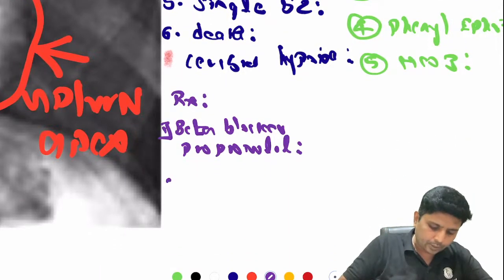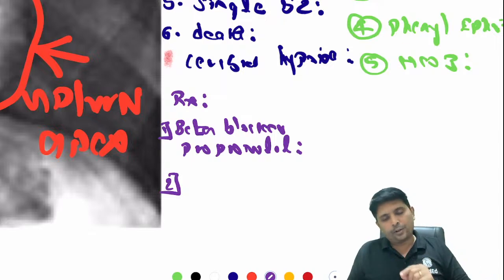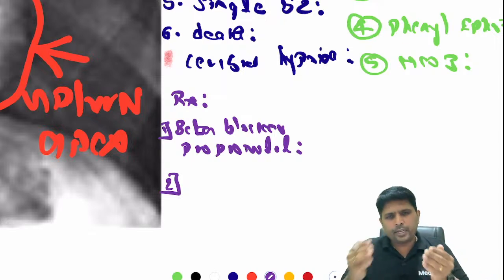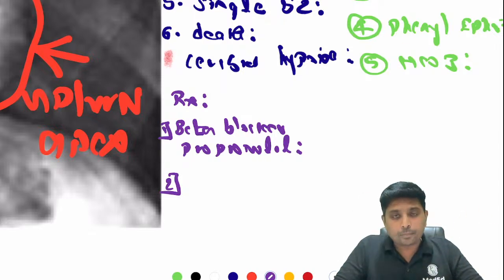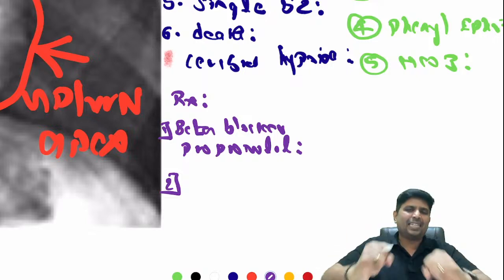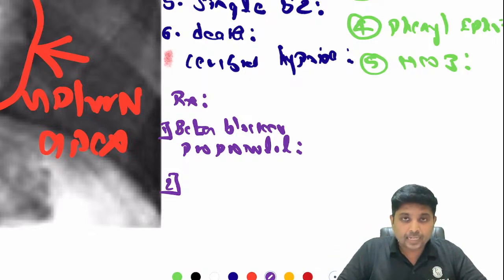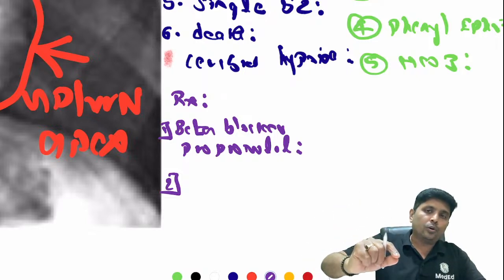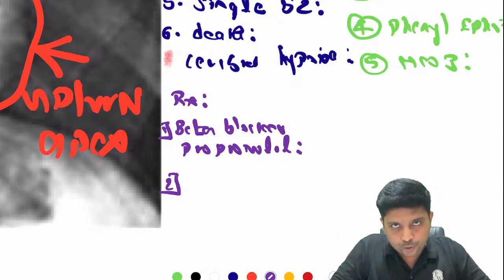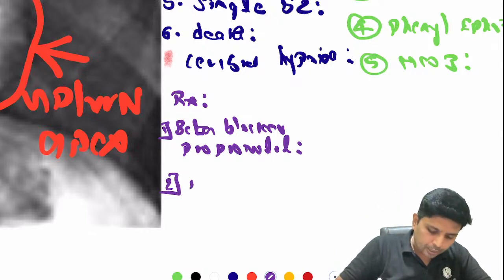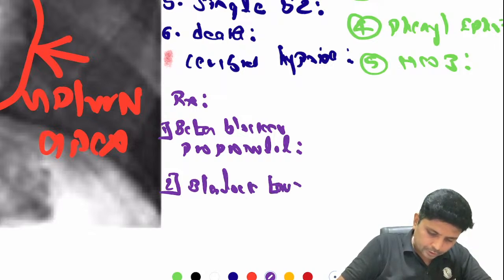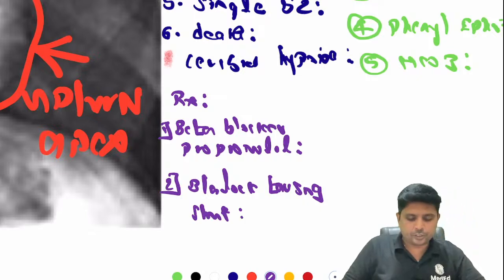Second one is palliative surgery. Initially the child will not be in a position to withstand the surgery, but at the same time you need to increase the oxygen supply to the other parts of the body. So you will do a Blalock-Taussig shunt. What is a Blalock-Taussig shunt?